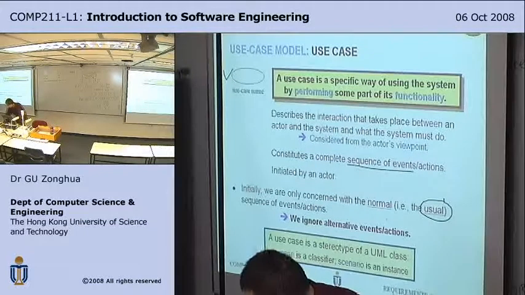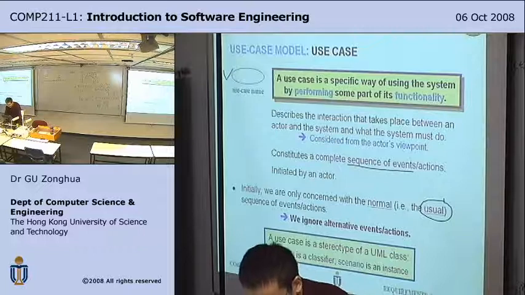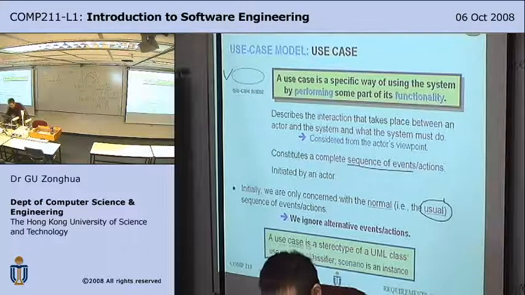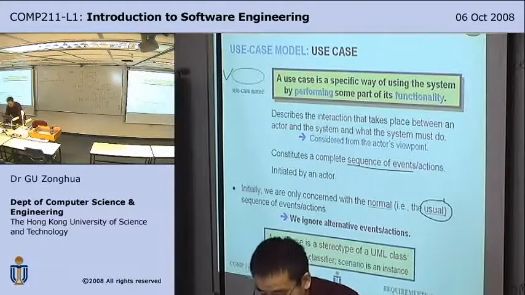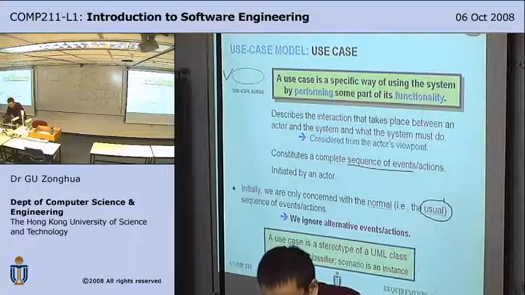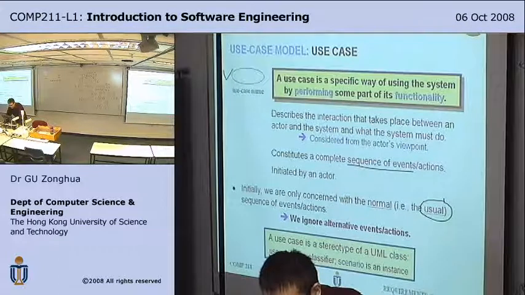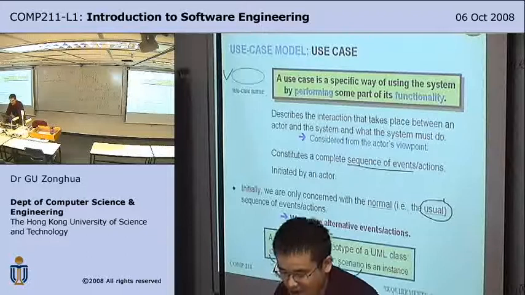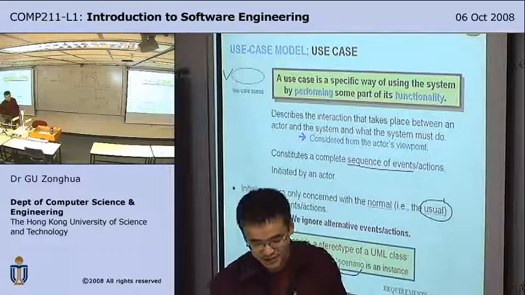So a use case is a stereotype of a UML class, and as with the class and object distinction, now you have a use case and scenario distinction. A use case is a classifier, a scenario is an instance.